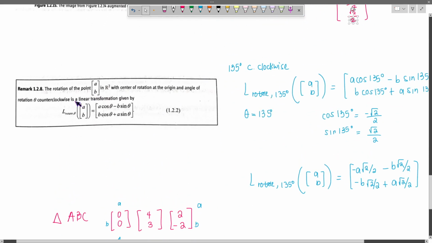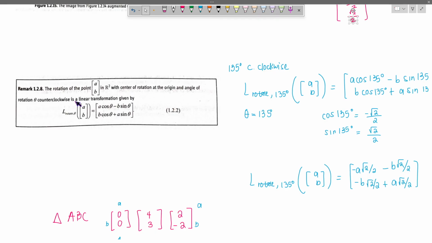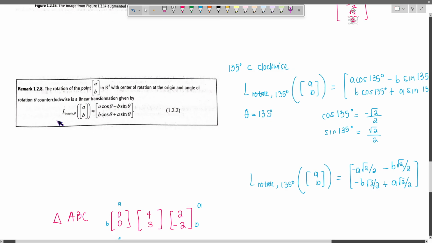It says that the rotation of point (a, b) in R squared, with the center of rotation at the origin and angle of rotation theta counterclockwise, is a linear transformation given by this formula. So we have cosine theta and sine theta for this.